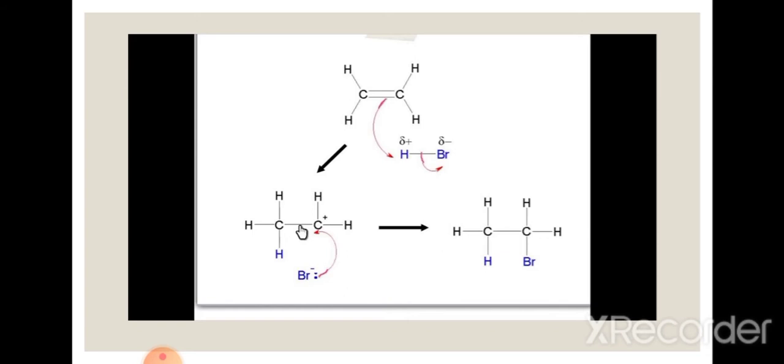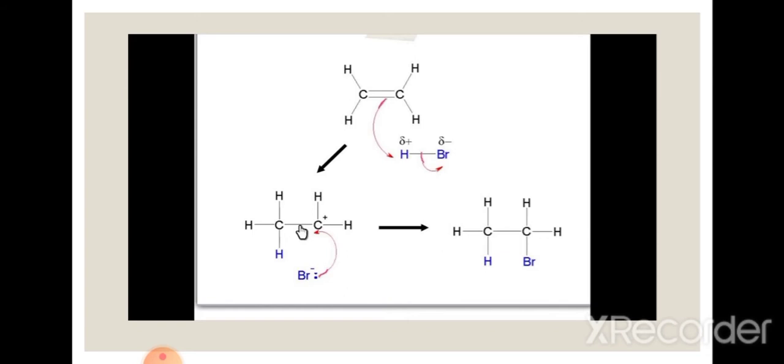Here you can see that one alkene is getting attacked by hydrogen bromide. Now hydrogen and bromide ion are getting attached to different carbons, and this is governed by Markovnikov's rule. Try to understand what the rule says.